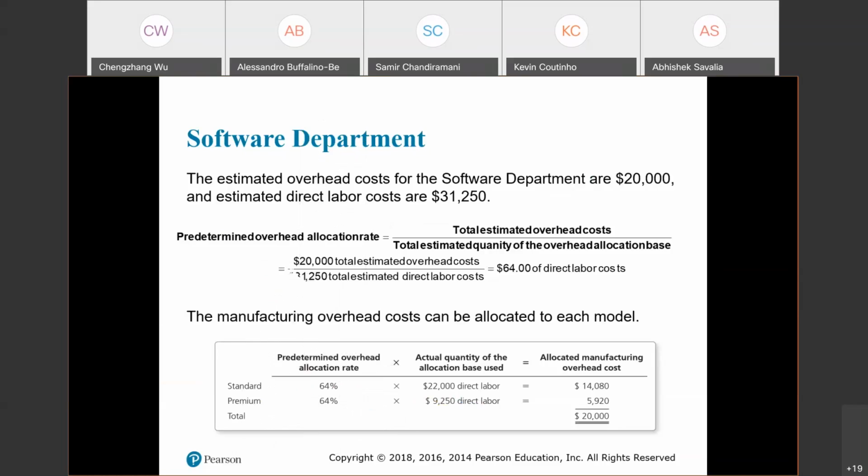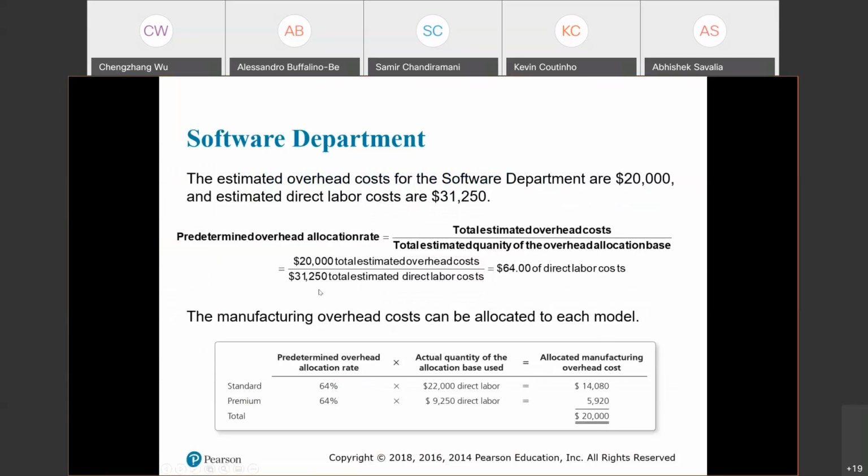And similarly, we cannot have this dollar sign here. Oh, no, I'm sorry. The mistake is not here, but here.